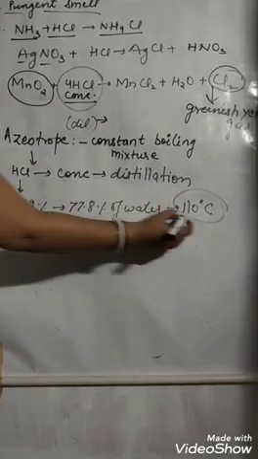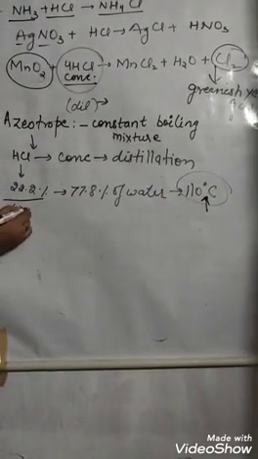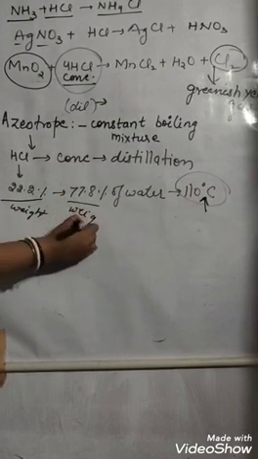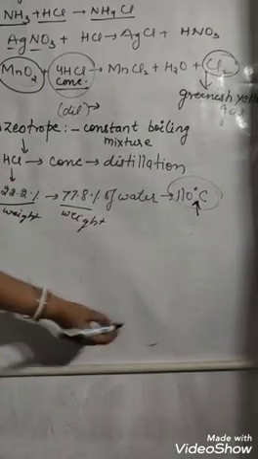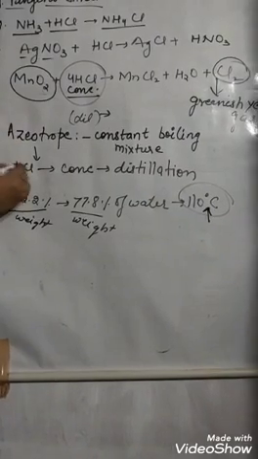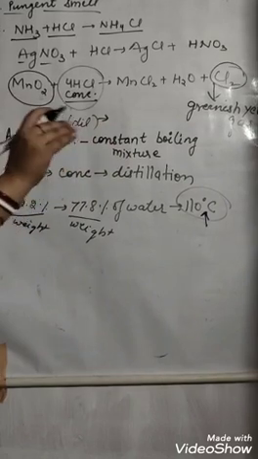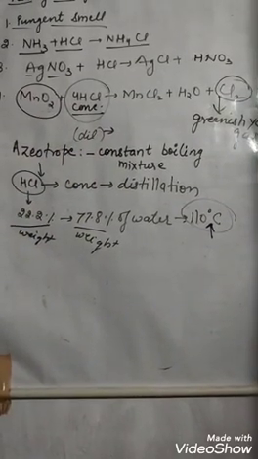So at 110 degrees Celsius, only 22.2% by weight of HCl can dissolve in 77.8% by weight of water. Why am I saying 110? Because above 110 it will evaporate, because it is a volatile acid. So before 110, concentrated acid can be made.